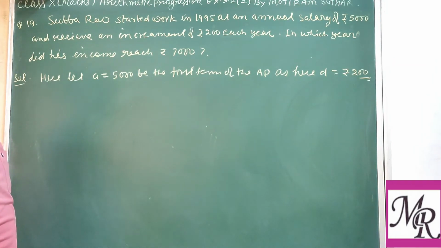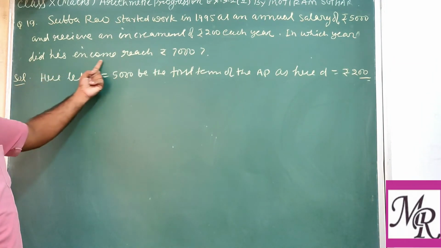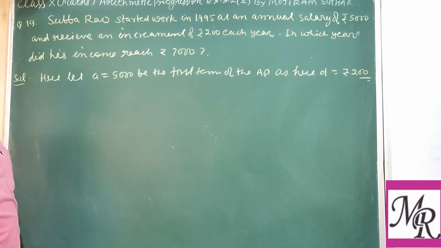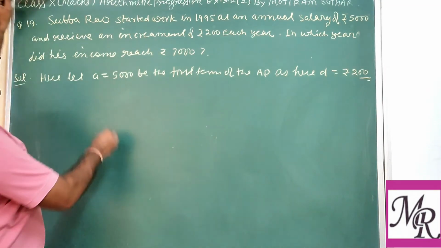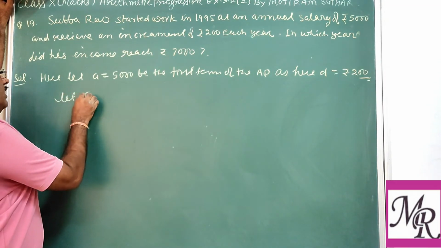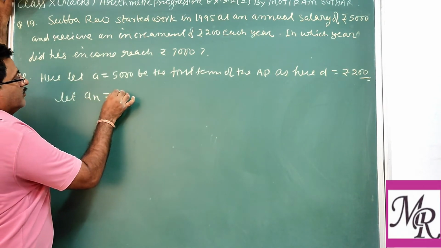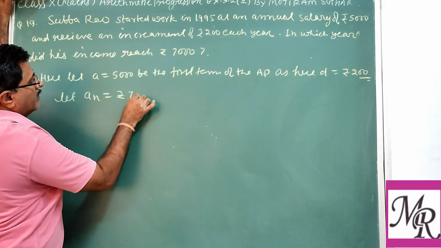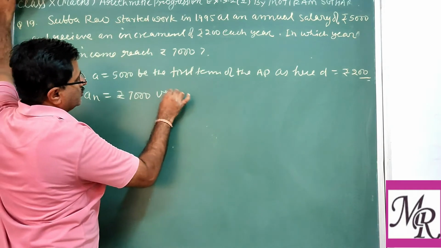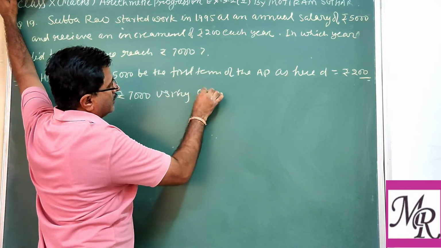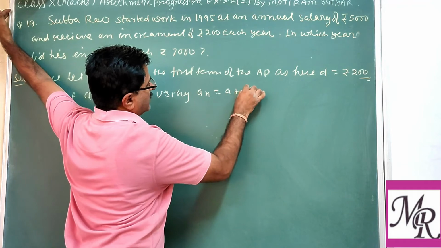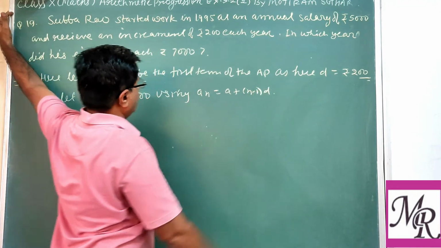Then, in which year did his income reach ₹7,000? So we can say let the nth term value be ₹7,000. So using an equal to a plus n minus 1 into d.